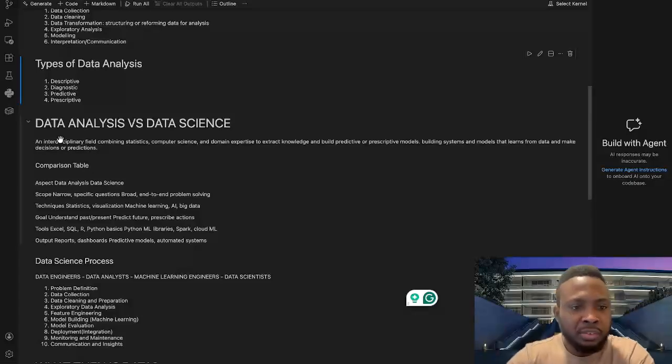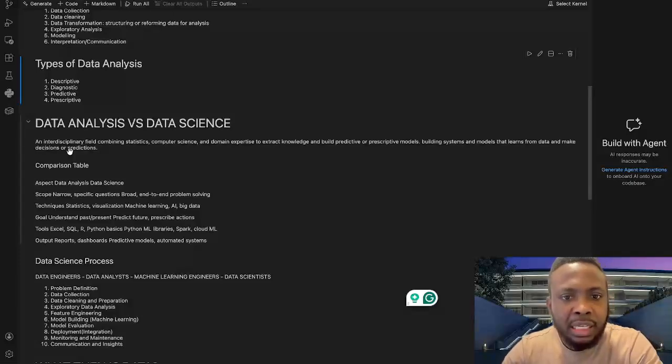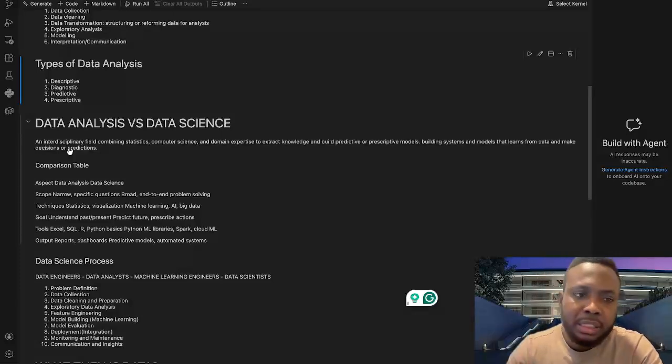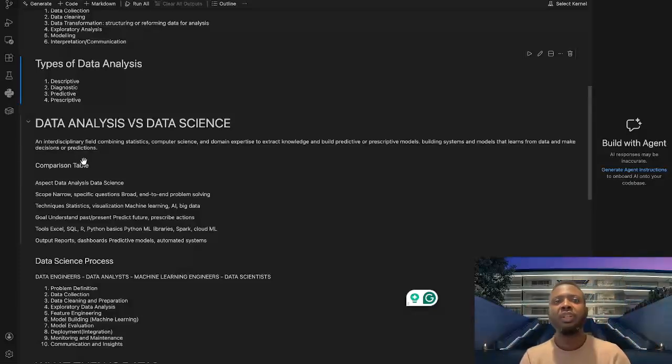If you see what I wrote here, data science is an interdisciplinary field combining statistics, computer science, and domain expertise to extract knowledge and build predictive or prescriptive models, building systems and models that learn from data and make decisions or predictions. So data science is the broader form. A data scientist is a data engineer, a data analyst, and a machine learning engineer.